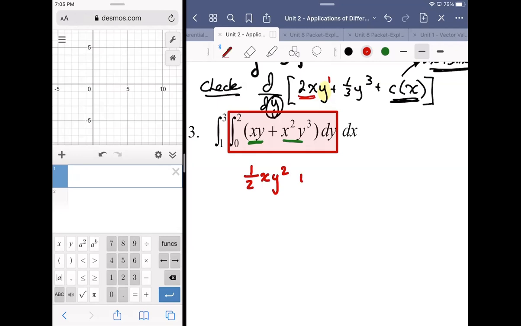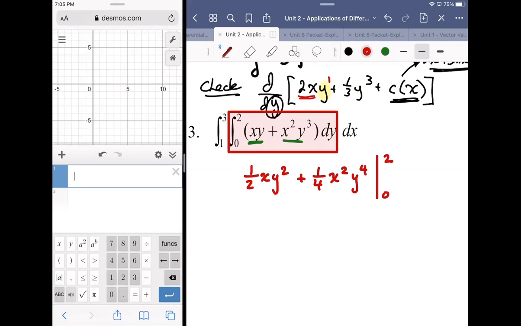Then what we have to do is integrate the second piece. Again, with respect to y, the antiderivative of y to the third is 1/4 y to the fourth. So 1/4 x squared y to the fourth. This is being integrated over the interval of 0 to 2. All right.